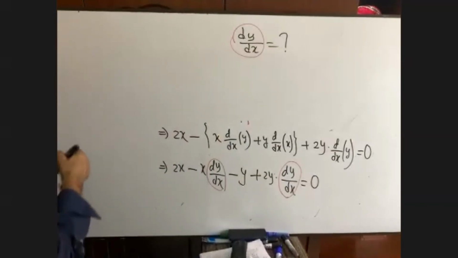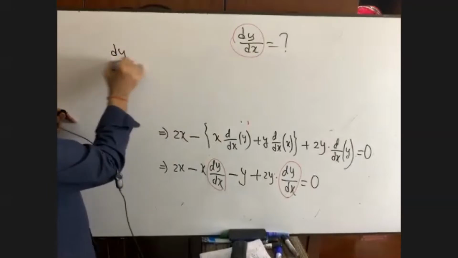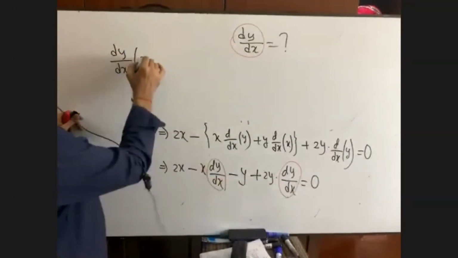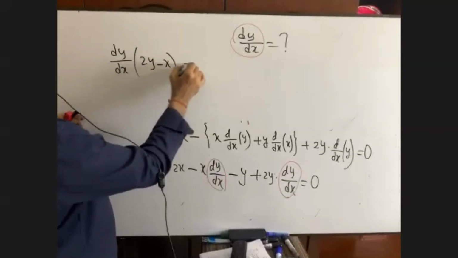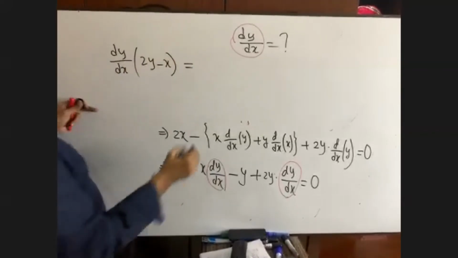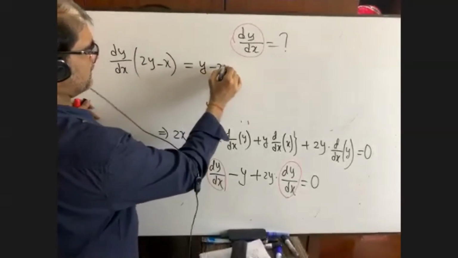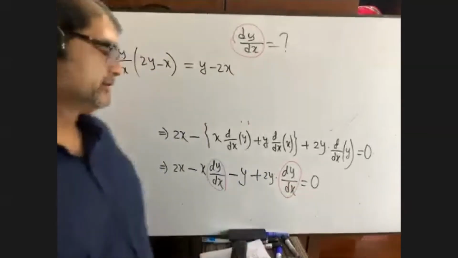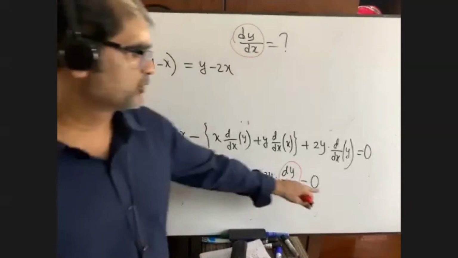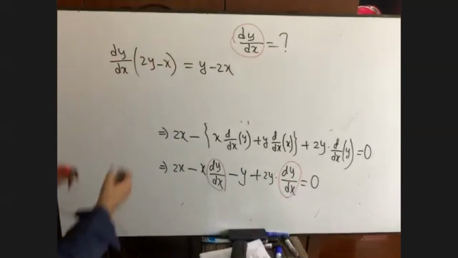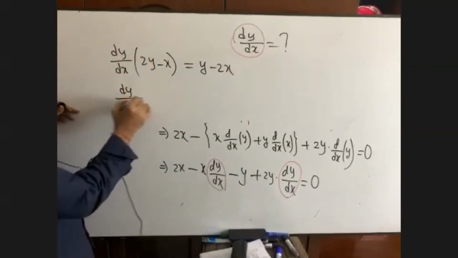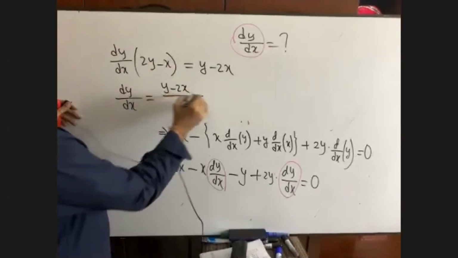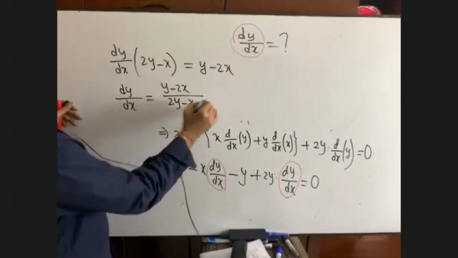So I can write here dy by dx 2y minus x is equal to y minus 2x. Am I right? This y has been taken to the right hand side. This 2x has been taken to the right hand side. Now, is it possible to find here dy by dx is equal to y minus 2x by 2y minus x?